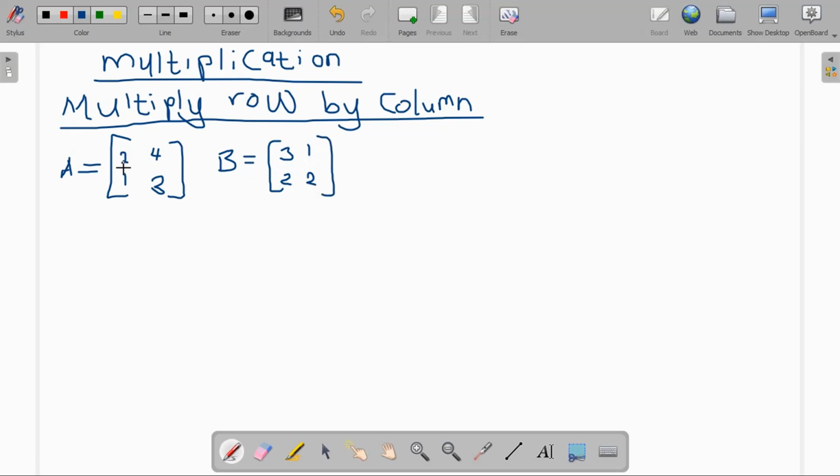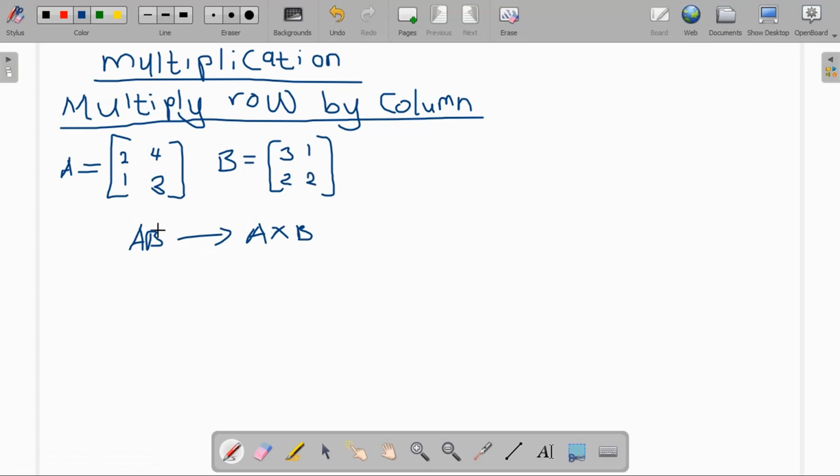So these are the entries that have been given. So we have been given A and B, and then they have said we have to find AB. That simply means multiplication, or in other terms, it's the same as A times B.